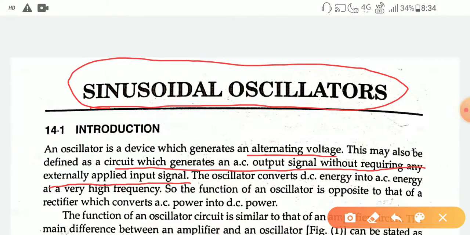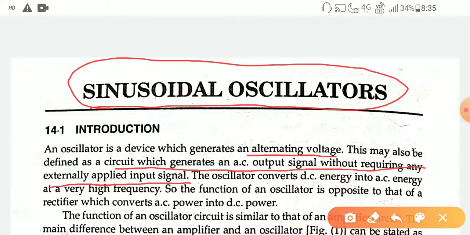So an important point is that for the oscillator to produce the AC output, no input signal is required. The oscillator converts DC energy into AC energy.